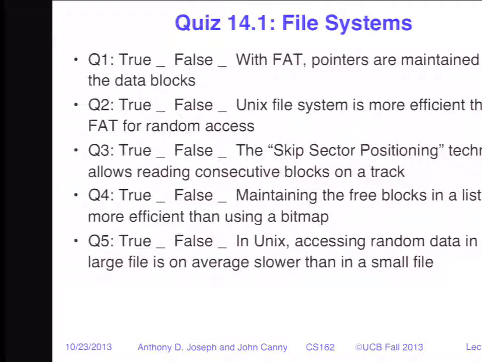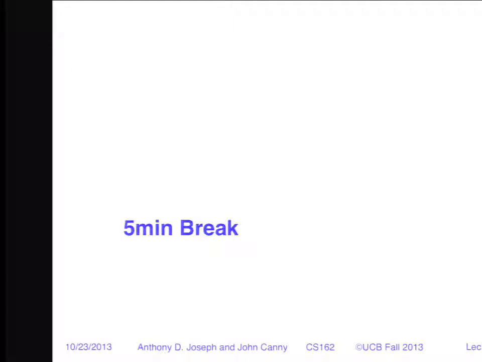Third question, the skip sector positioning technique allows reading consecutive blocks on a track. Fourth question, maintaining the free blocks in a list is more efficient than using a bitmap. And our 5th question, in Unix, accessing random data in a large file is on average slower than in a small file. Okay? So think about these while we take our 5-minute break.